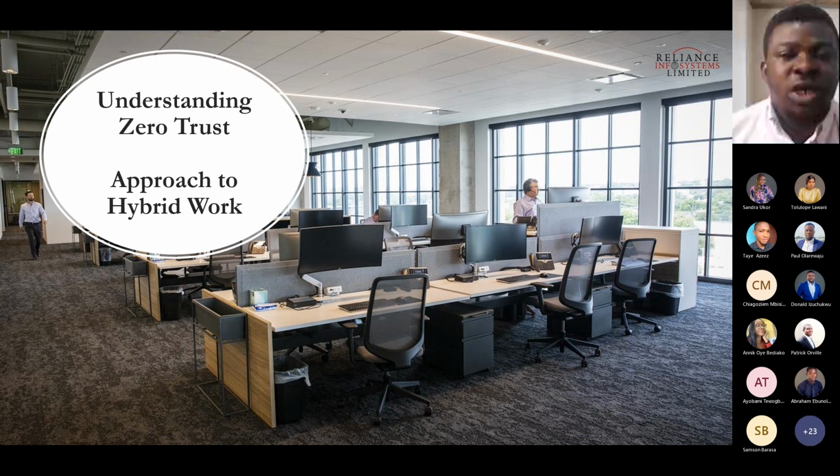They have a hybrid whereby they have both on-premise and cloud. So if an organization understands and implements the zero trust approach in their hybrid work environment, this will help them better protect their data and resources, as well as ensure that remote workers can easily access the resources they need to perform their job functions.